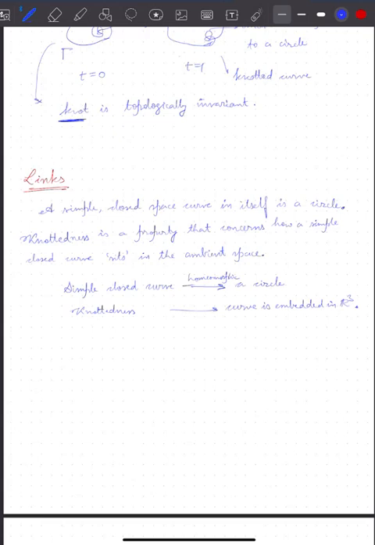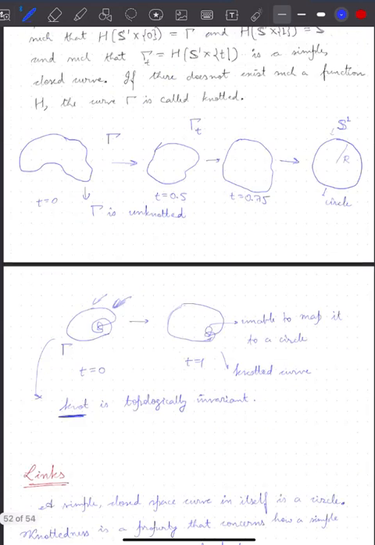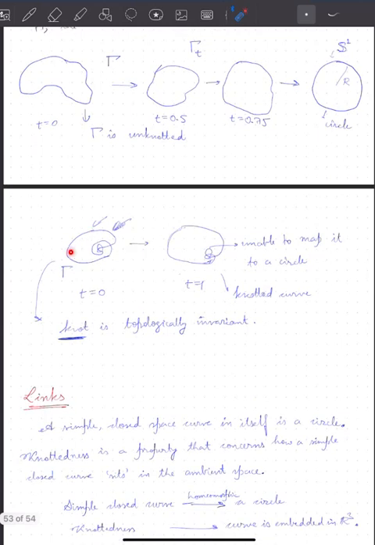So when we talk about knottedness, it always implies how the curve sits in R3. If the closed curve is unknotted, then you are able to easily map it to a simple circle. However, if it is a knotted curve, you can never map it to a circle, which means that you will always have at best a certain embedding eventually.